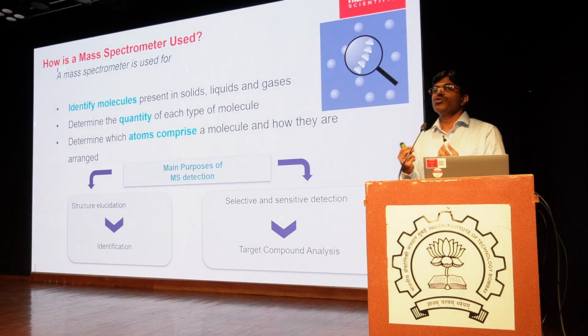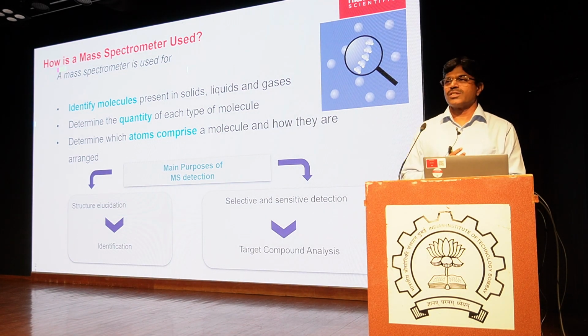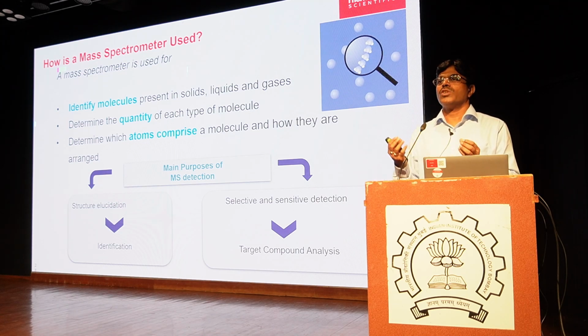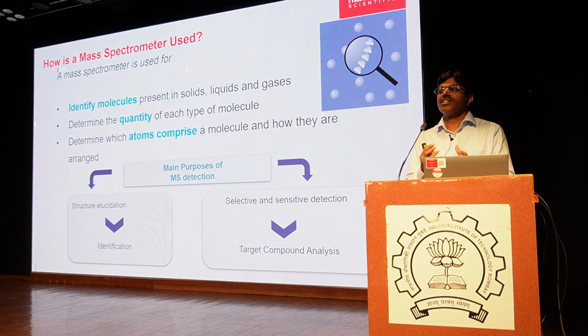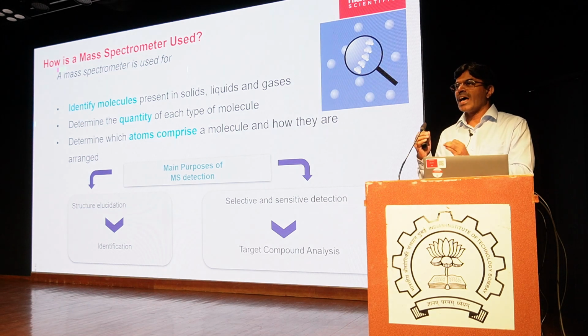So what is it used for? It is basically serving two purposes. One is identification. If there is a sample or a molecule, people will ask what is there in my sample. So identification is one of the important applications.